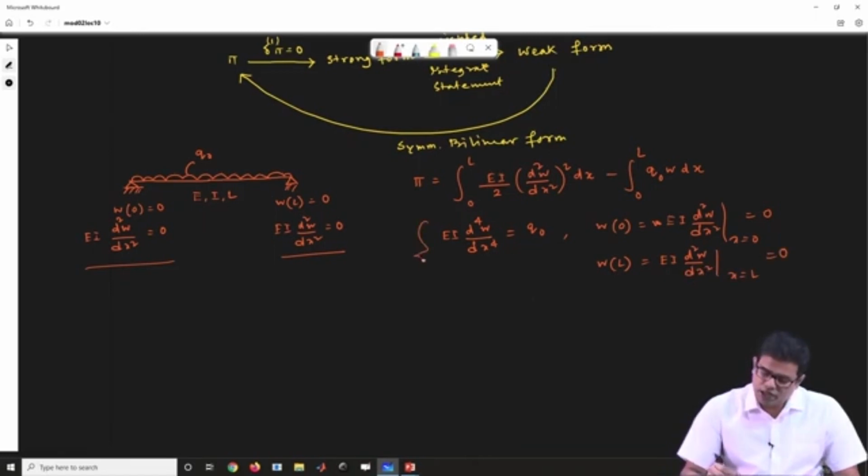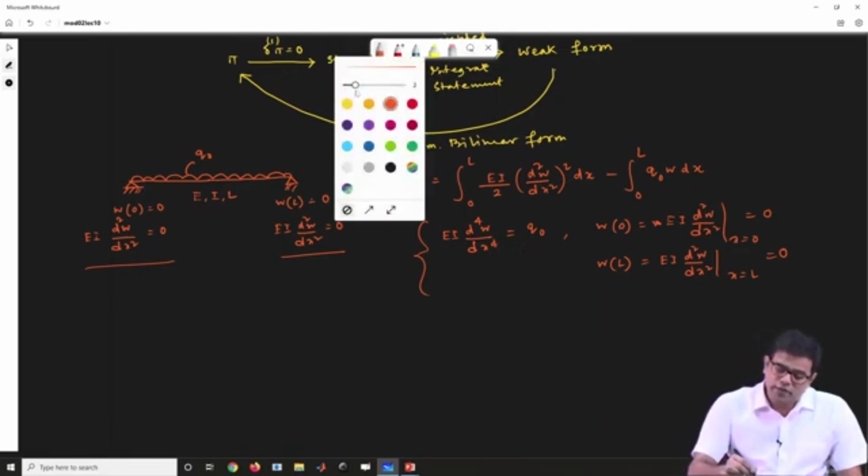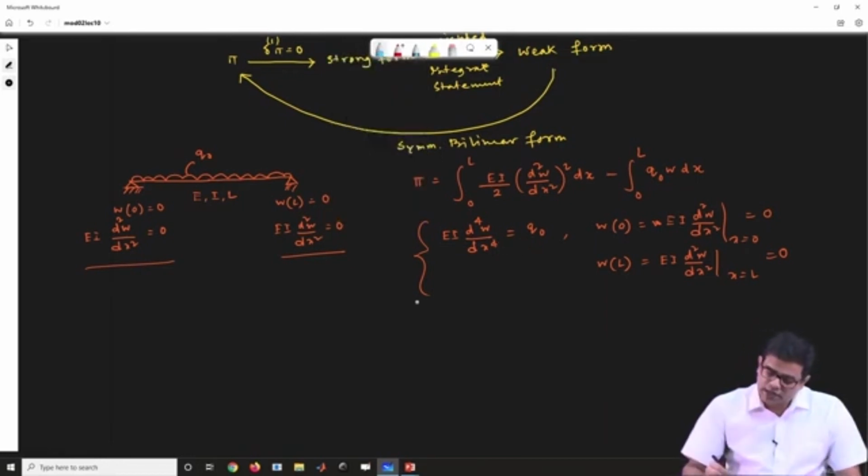So this is my governing equation, the strong form. Now if I want to construct its weak statement, I will write its bilinear form. Let us consider V as my weight function.